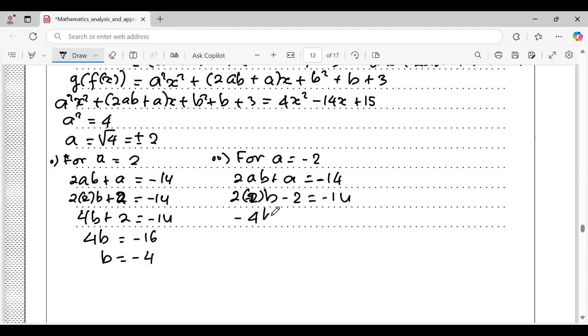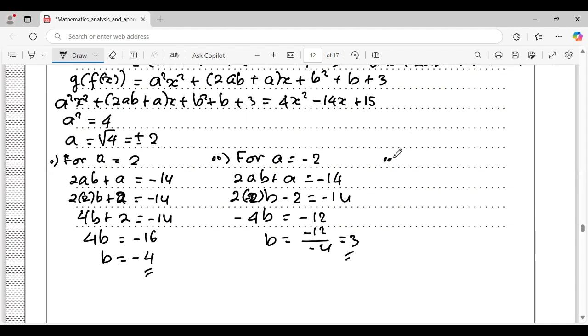So minus 4b equals minus 12. So b equals minus 12 over minus 4, and it is 3. So b equals minus 4 and b equals 3.